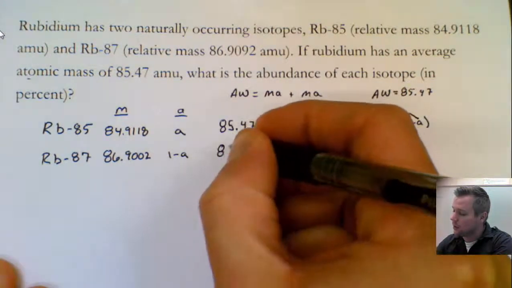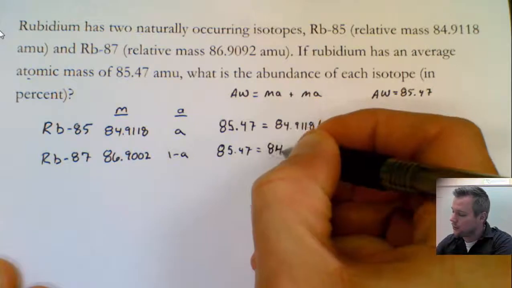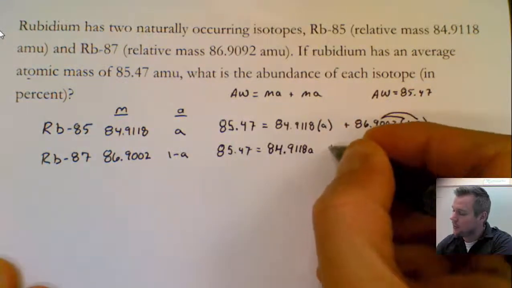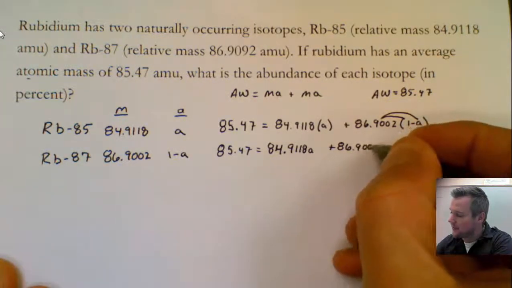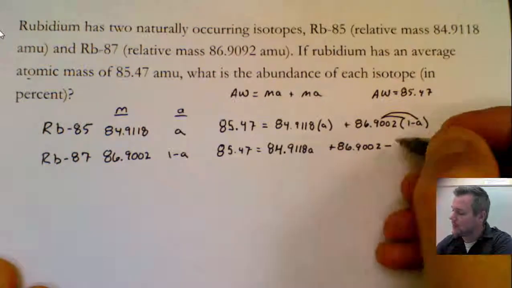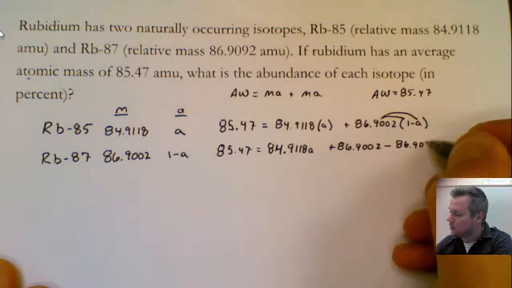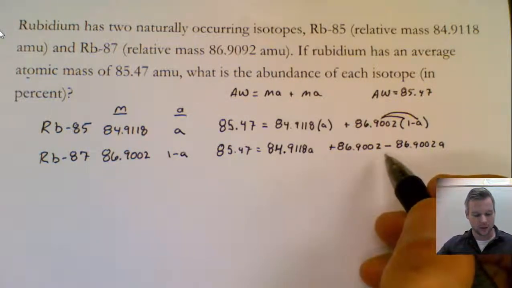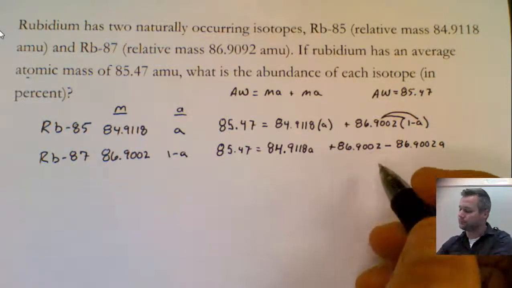So to rewrite this all, 85.47 equals 84.9118A plus 86.9002 times 1, of course, is the same value. And then times a negative A means 86.9002A is negative. At this point, you want to start to combine like terms and move some variables around.